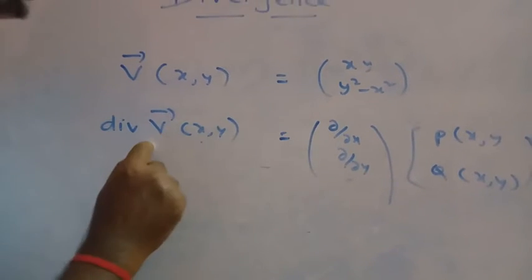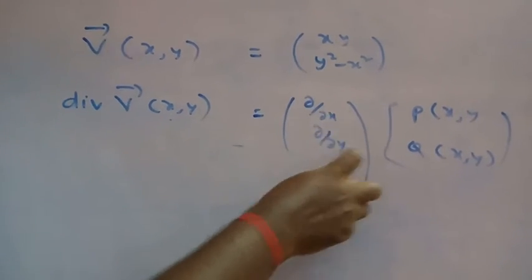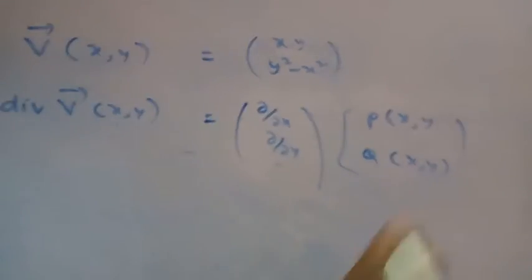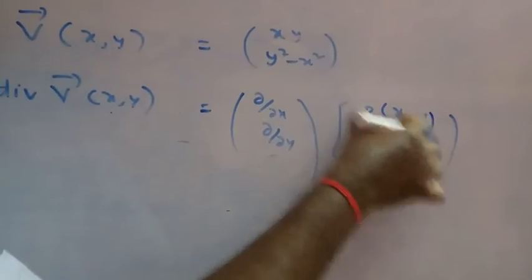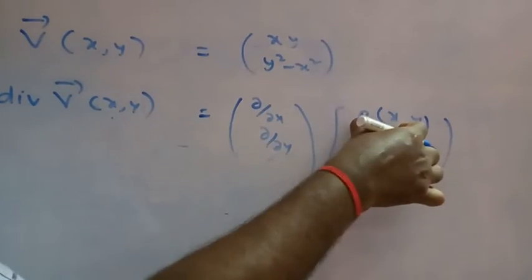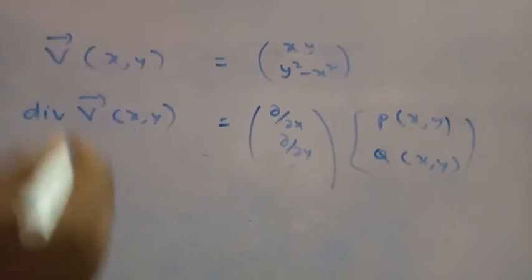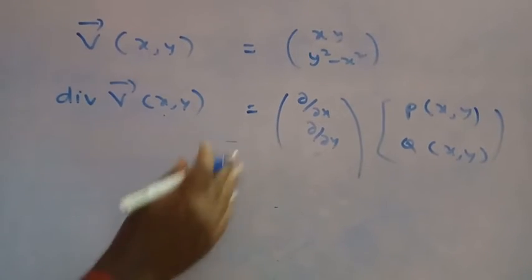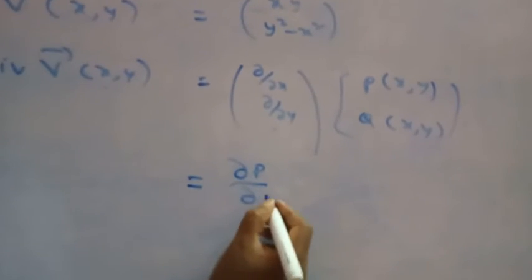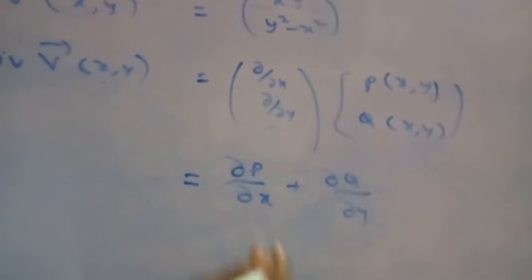This can be rewritten like this. When taking the divergence, div v of x, y is equal to dou by dou x, dou by dou y, dotted with this, where xy is taken as p of x, y and y squared minus x squared is taken as q. Now you can find this divergence: dou p by dou x plus dou q by dou y.